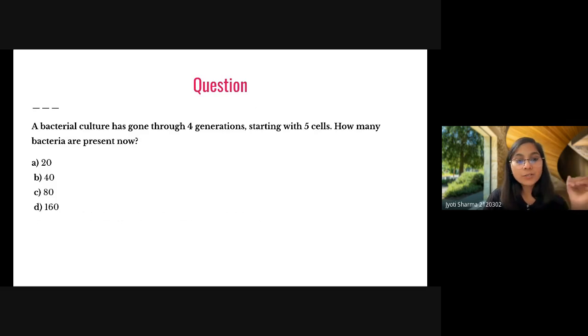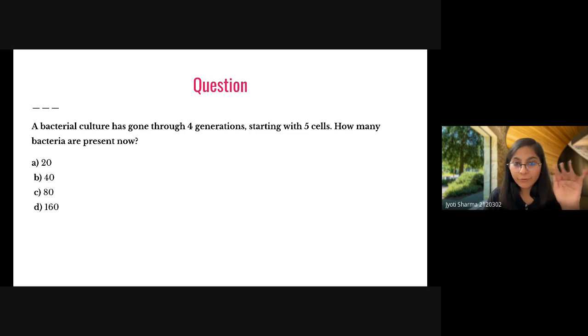Okay, the next question is, a bacterial culture has gone through 4 generations, starting with 5 cells. So, how many bacteria are present now? And I told you this is exponential growth. Can you tell?